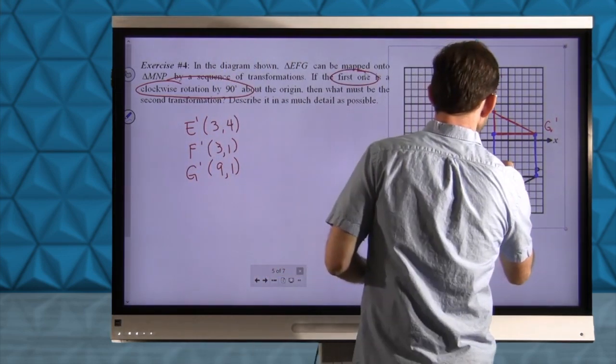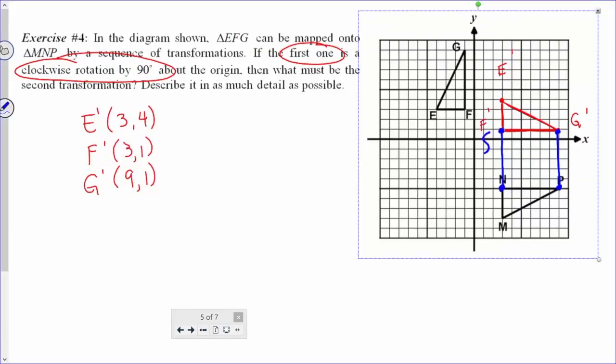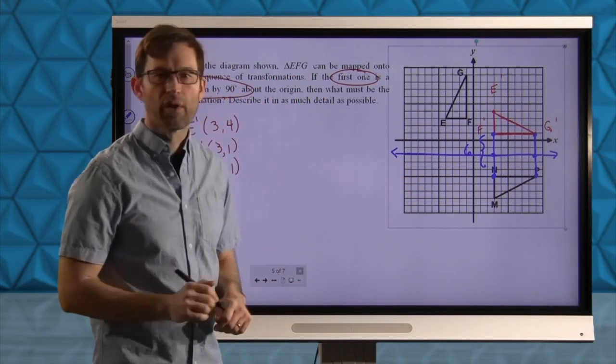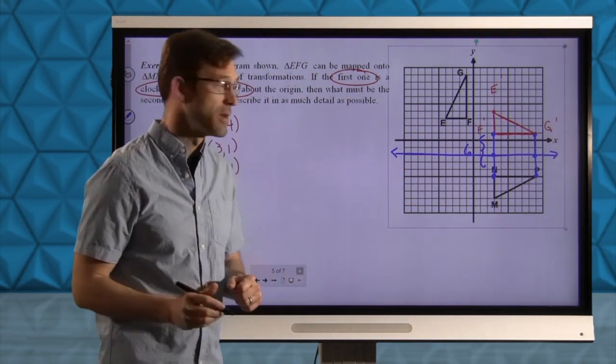Well, these are 1, 2, 3, 4, 5, 6 units apart, and therefore the line of reflection must go through those midpoints, in which case it would have to be a reflection in the line y equals -2.